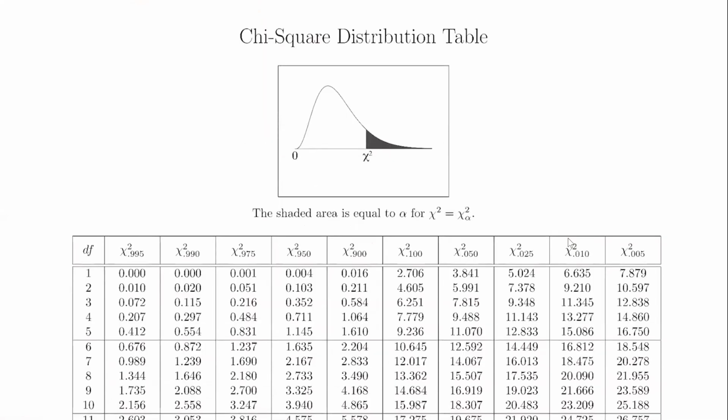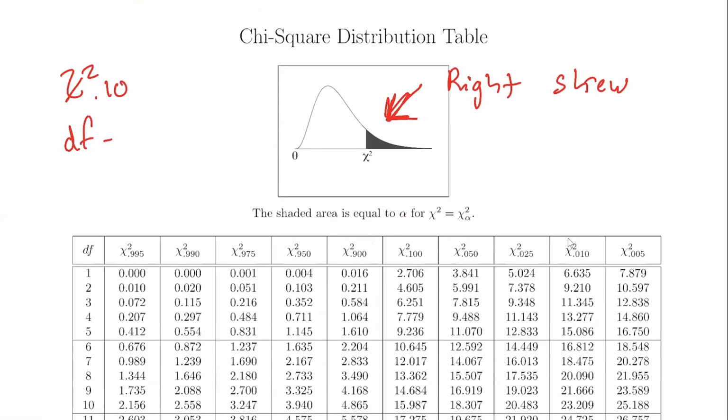If you look at the chi-square table, they have this drawing over here. It's right skewed, a reminder that it's not symmetric. If you remember, I said we're going to look for two things: chi-square of 0.10 and degrees of freedom, which I believe was 16.